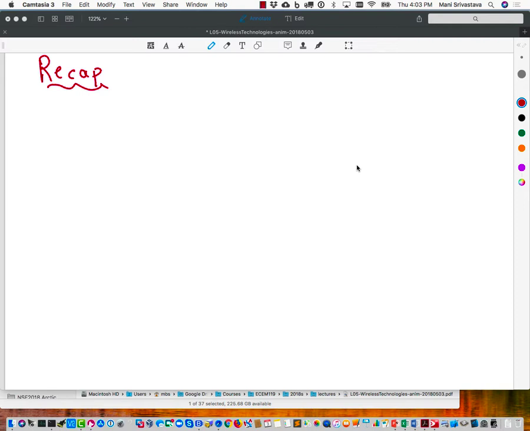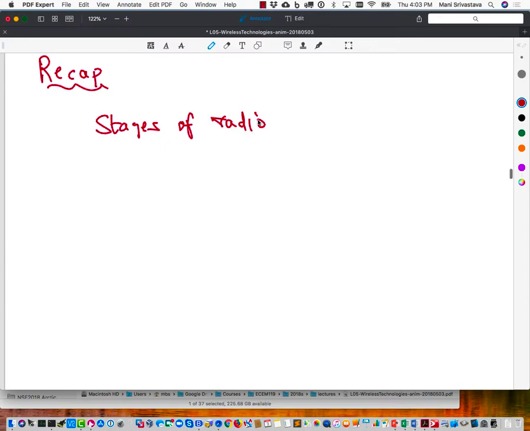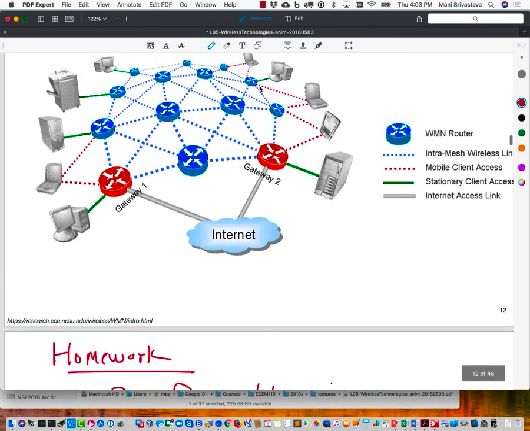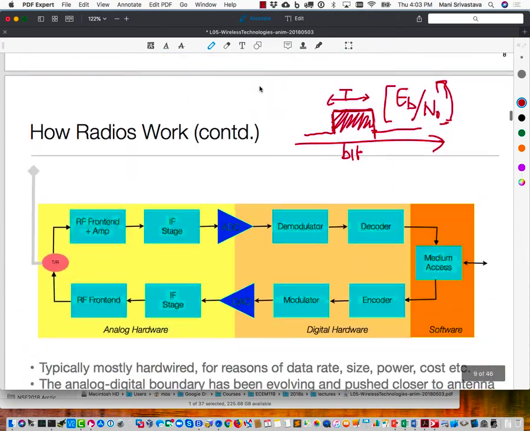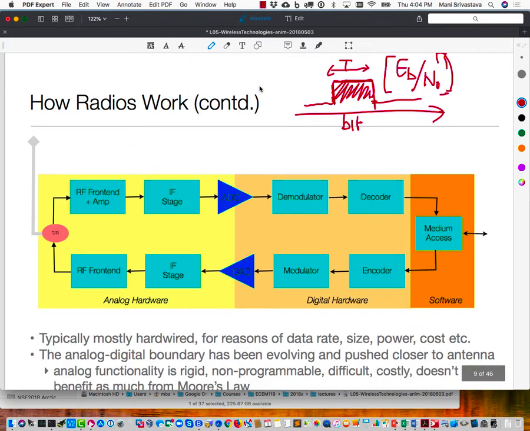I had gone over roughly the stages of radio, and just to remind you, there is this flow of information which goes from the software handing a packet to the radio stack for transmission.